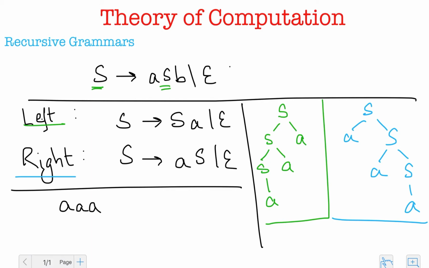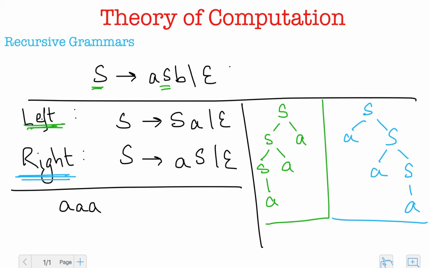Once again, at every step I just have one non-terminal which I can expand. So these two are derivation trees for different grammars: one for the left recursive grammar, and the other for the right recursive grammar.